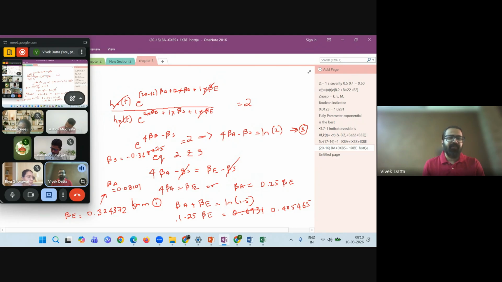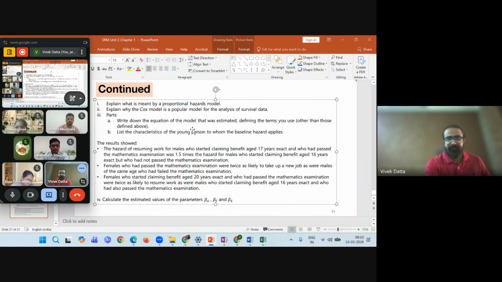So what is this indicating? Beta A, which is my age, says that the higher the age, the higher the chances of me to succeed or fail. What is the question? The hazard of resuming work.